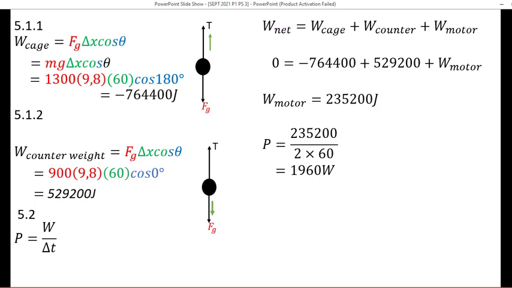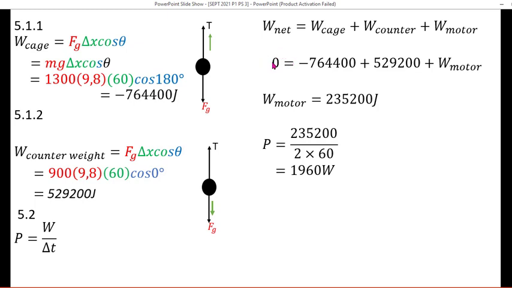So we say that the total work is equal to work done by the cage plus work done by the counterweight plus work done by the motor. Remember, when the system is moving at constant velocity, the change in kinetic energy is 0, acceleration is 0, net force is 0, and then net work is also 0.